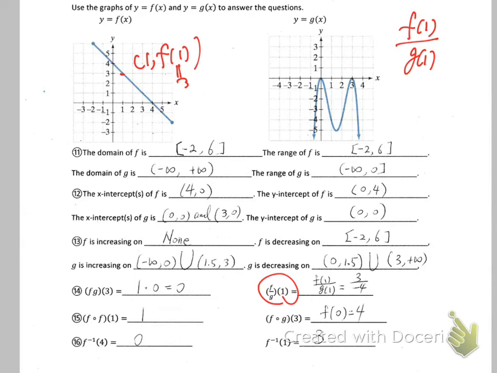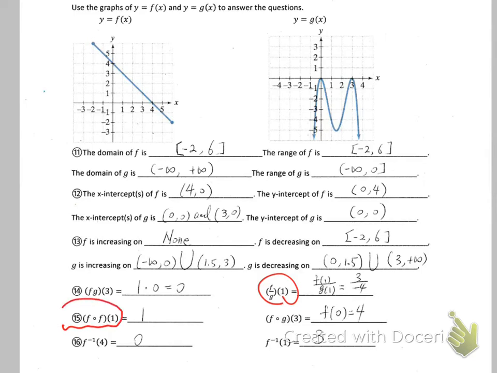And g of 1: you go to 1, and this point on the graph is 1, g of 1. g of 1 is the height, so it's -4. So f of 1 is 3, g of 1 is -4, so this is 3 over -4. That's the answer, 3 over -4.